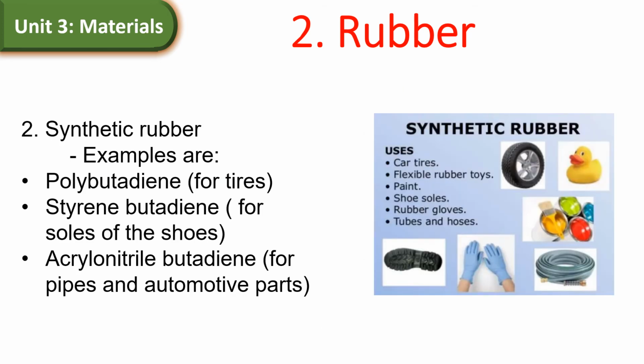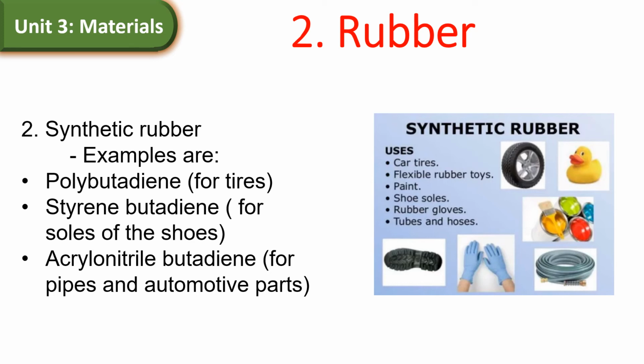Okay, number two is your synthetic rubber. Synthetic means man-made or artificial. This synthetic rubber is better than natural rubber because it is more resistant to abrasion, meaning it doesn't easily scratch, and it is more elastic even at low temperature.